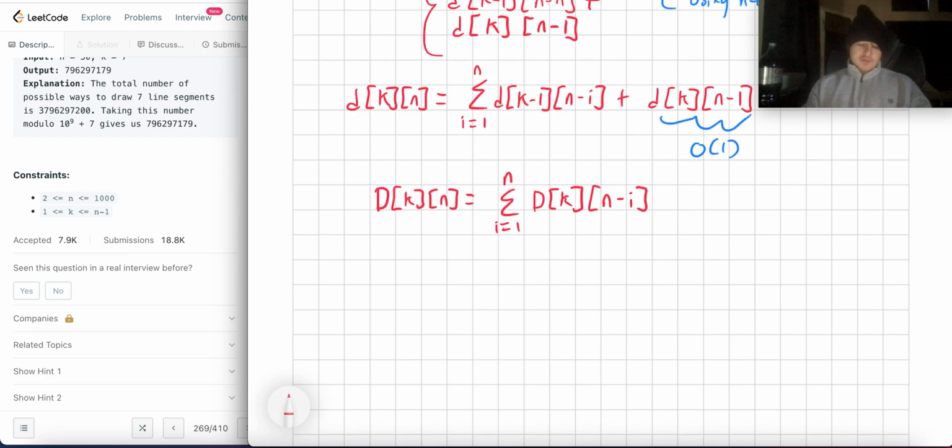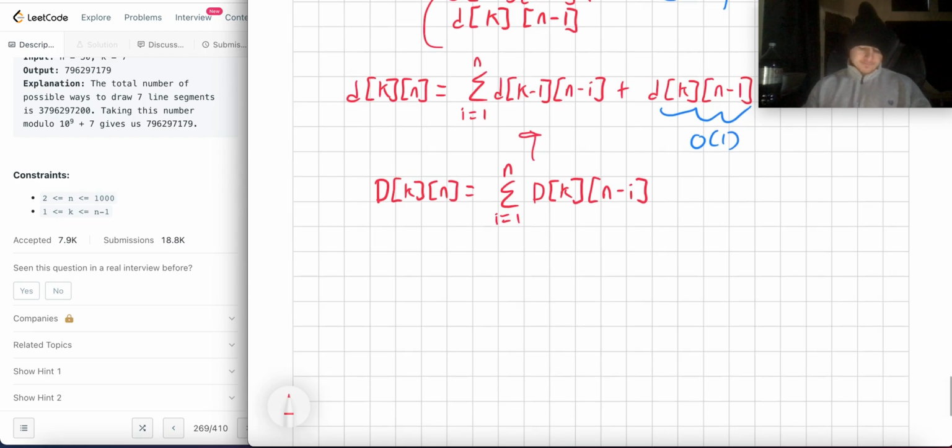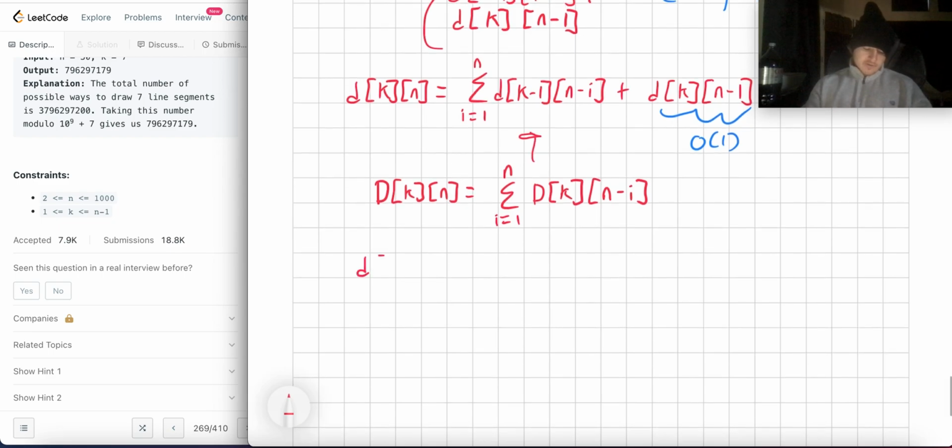So that would mean if we substituted that in here, d of k, n, I'm just trying to do some direct substitution here, would be d of k minus 1 all the way up to n.